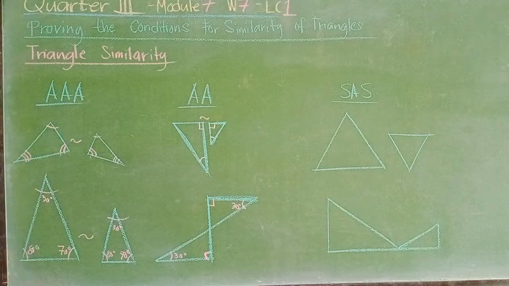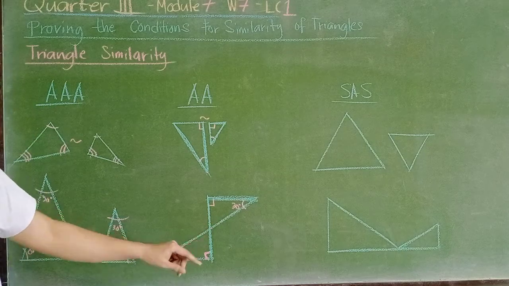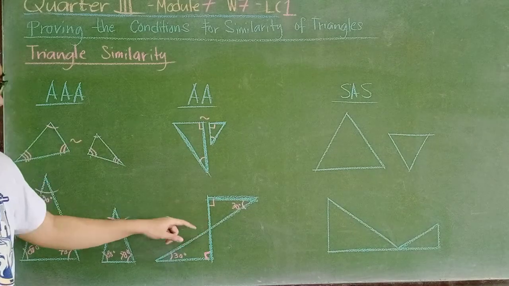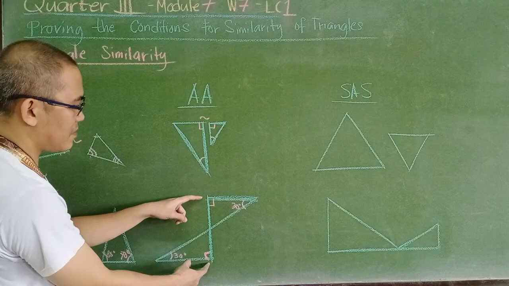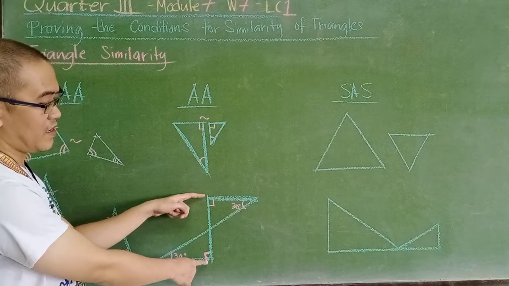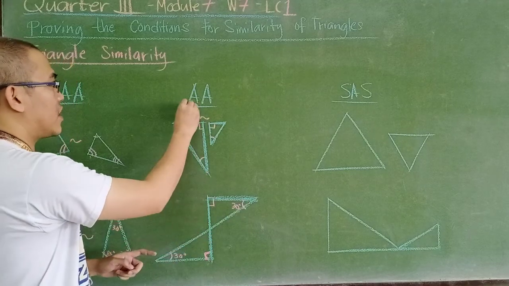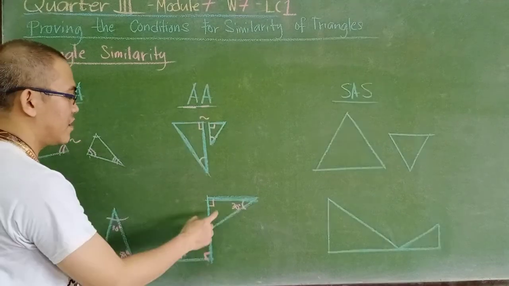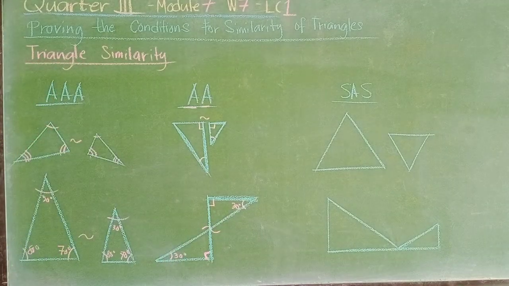So hindi mo na kailangan alamin yung pangatlong angle, kasi sigurado congruent yan. So at least meron kang dalawang corresponding angles na parehas ang sukat. Alam naman natin pag ganyan yung symbol, ibig sabihin these are 90 degrees. So parehas na 90, parehas na 30. So meron kang dalawang angle na congruent, ibig sabihin itong dalawang triangles na to are similar.